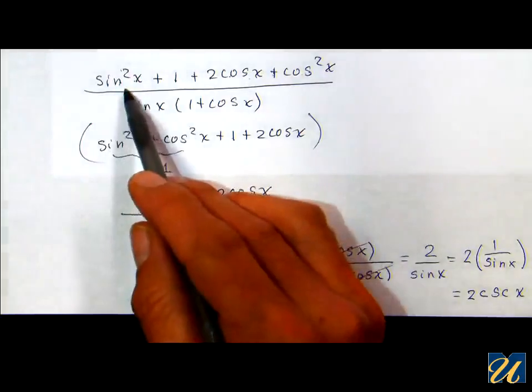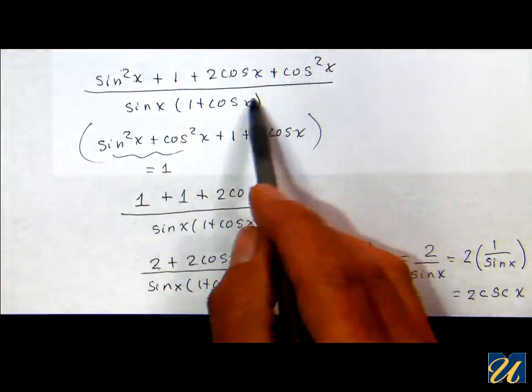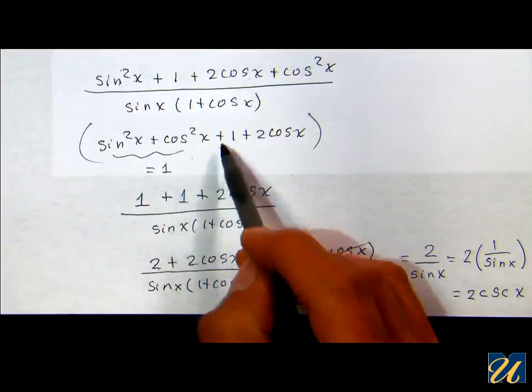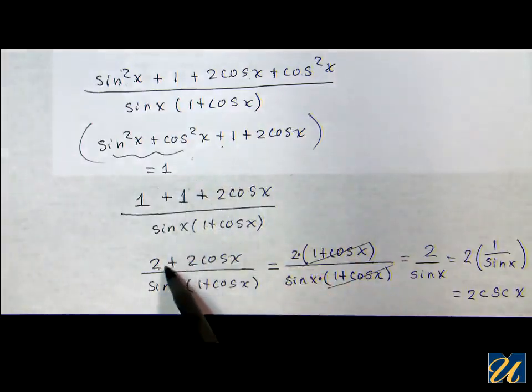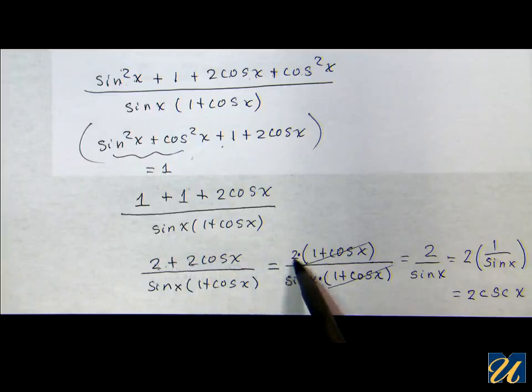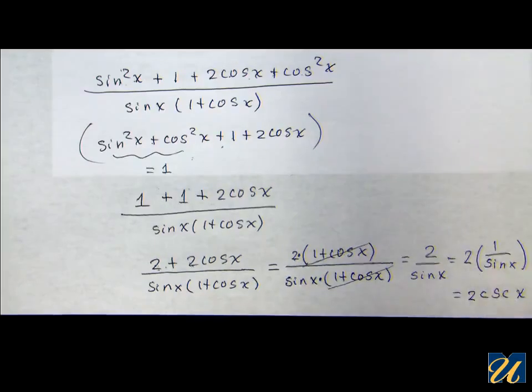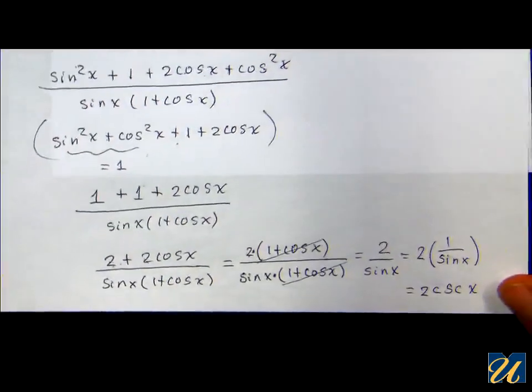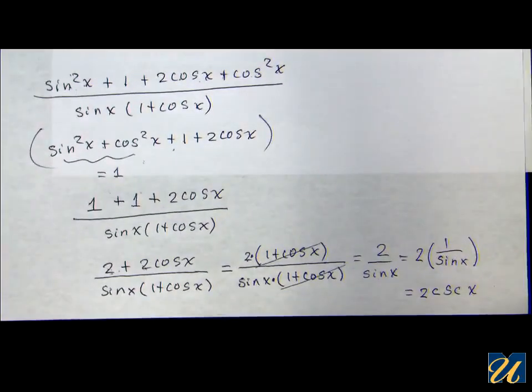Sine square and cosine square, so that's a 1. 1 and 1, so that makes the 2. And then another arithmetic move there, factoring out the 2. And then a little more arithmetic, then a little bit of trig. It's a nice problem. Combinations, a little bit of everything. So I hope that helped out. So that's the conclusion of section 6.1 problems.